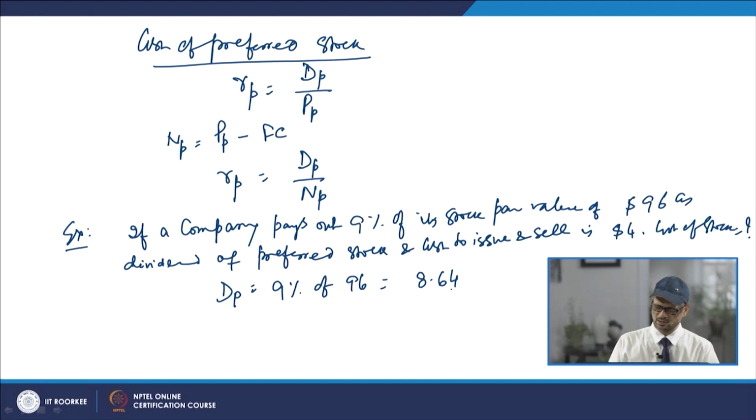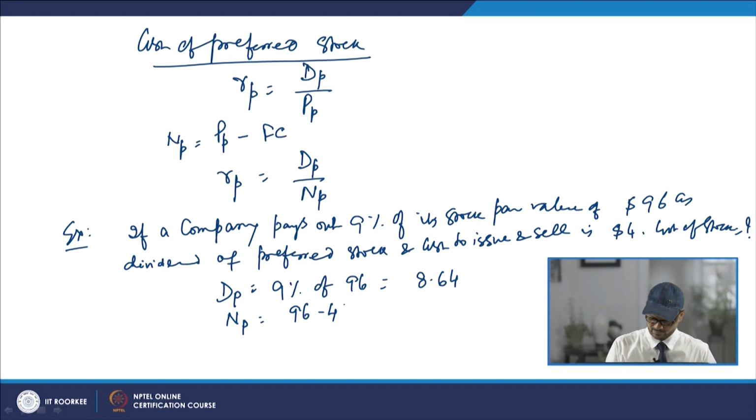Now the NP, the net proceeds, will be 96 minus 4, where 4 is the FC, the flotation cost for issuing and selling.